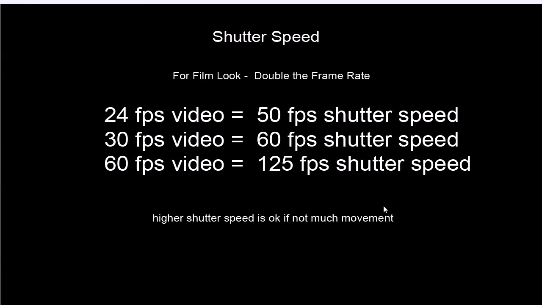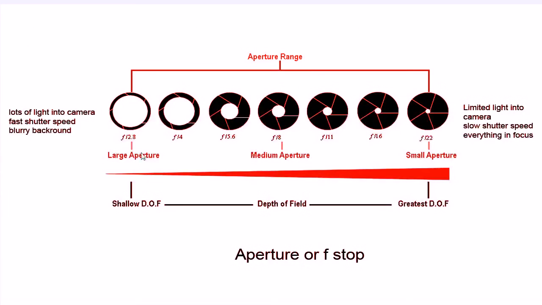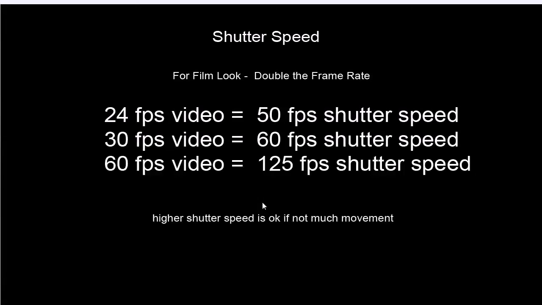Another drawback of going too high is that your footage will be darker. In that case you have to reduce your f number, as we previously discussed, because the larger aperture will help you maintain your light.